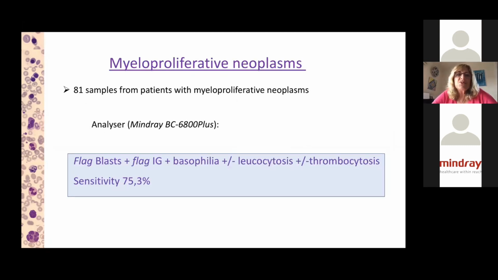Our experience with 81 samples from patients with myeloproliferative neoplasms was that when we found flag blasts, flag immature granulocytes, high number of basophils, basophilia flag, or leukocytosis or thrombocytosis, the sensitivity for the detection of myeloproliferative neoplasm was 75.3%.